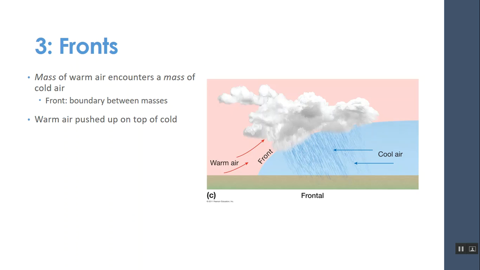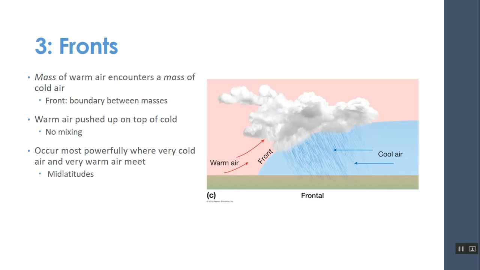And again, when a warm air mass is colliding with a cold air mass, you're going to get that warm air being pushed up on top of that cold. And that air is not going to mix. They occur most powerfully where a very cold air and a very warm air are meeting, mostly at the mid-latitudes.